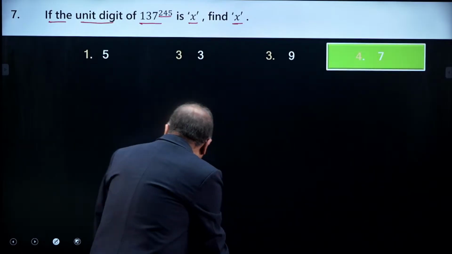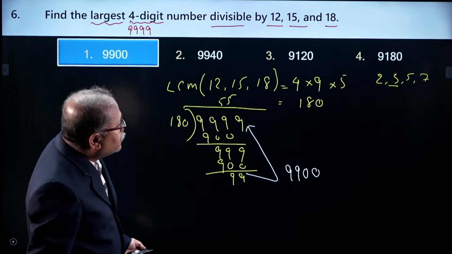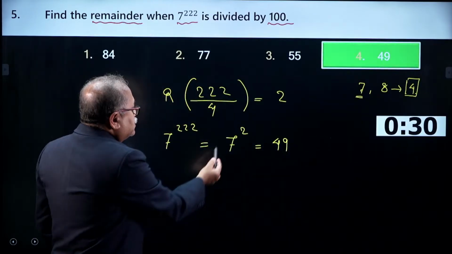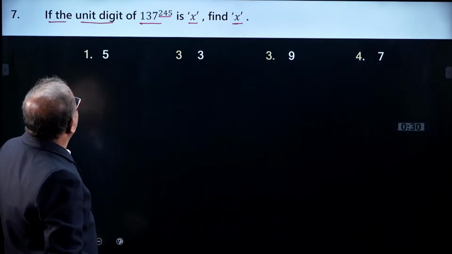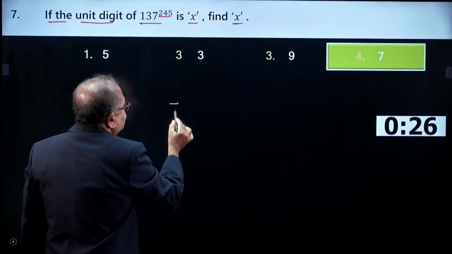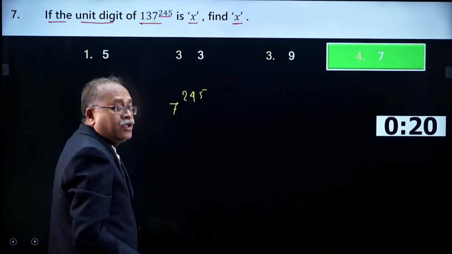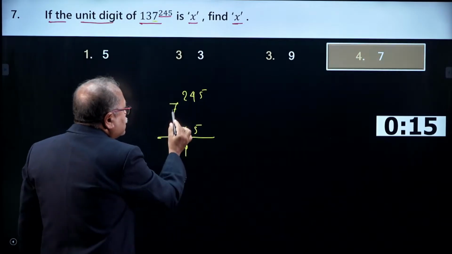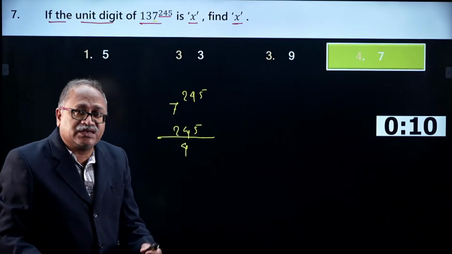Well done, well done. So, it is very simple, what I have discussed over here. The 49 was there somewhere here, 49. So, 7. Any power there, I need to divide it by 4. So, it is falling under the same condition, that is, this unit digit is 7. So, 7 to the whole power 245, I will consider this way. 245 I will divide by 4, because 7 to the power anything, the unit digit repeats after every 4 sets.